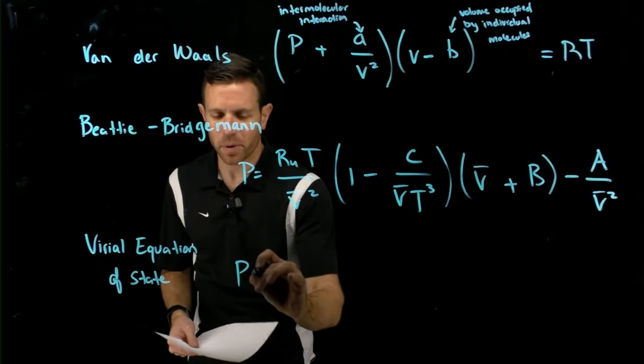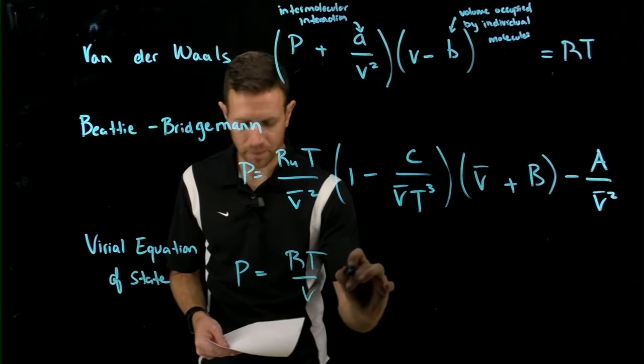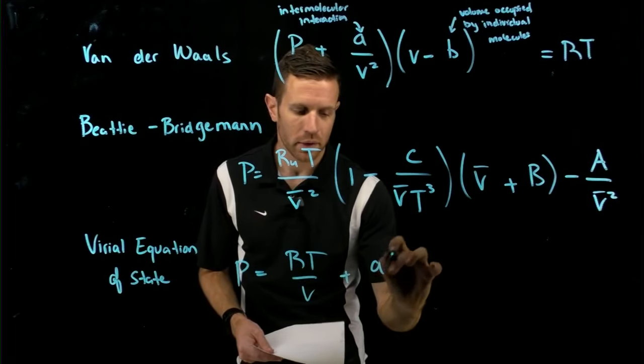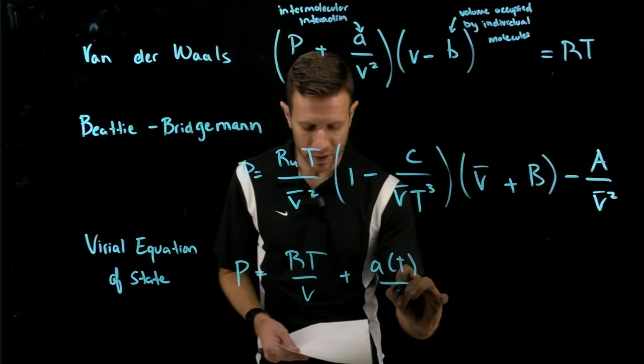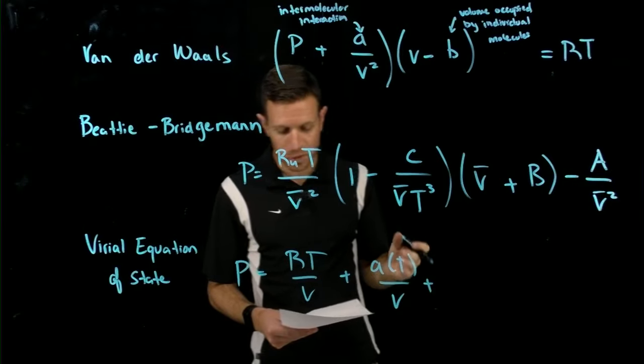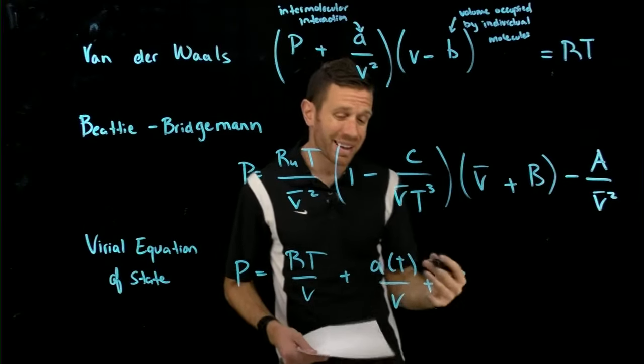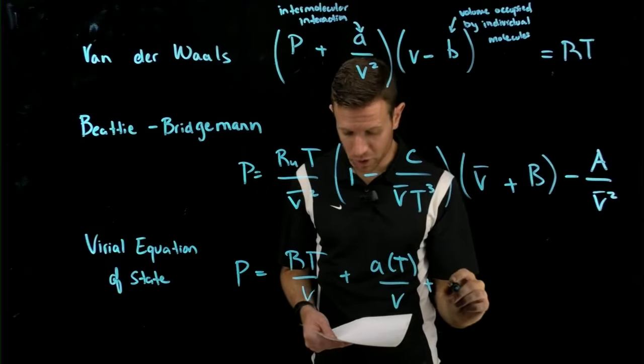And what it says is that pressure is equal to RT over v plus a series of what are called virial terms, and what is on top of each virial term is a virial constant, which is a function of temperature.